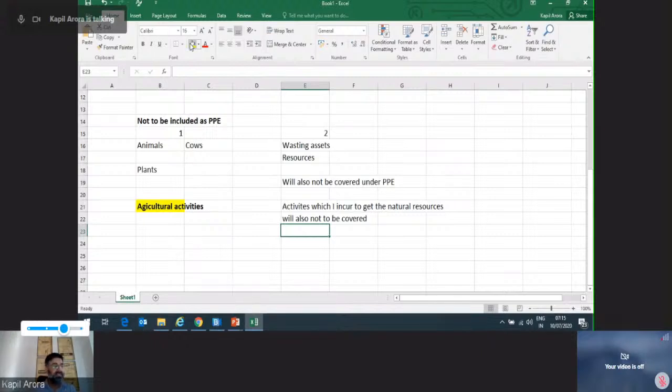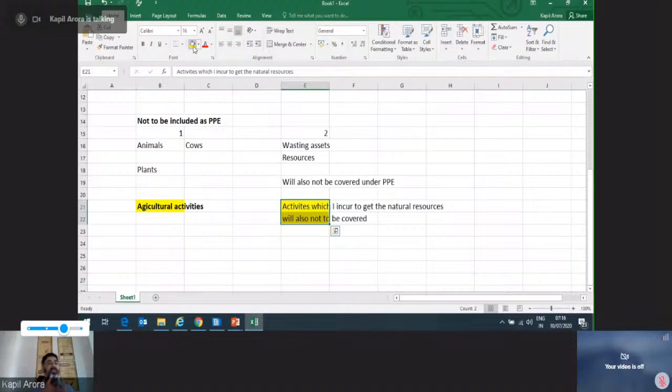So for that purpose, we have separate guidance for these activities, which we call exploration and evaluation of mineral resources. That will not be covered under property, plant and equipment.